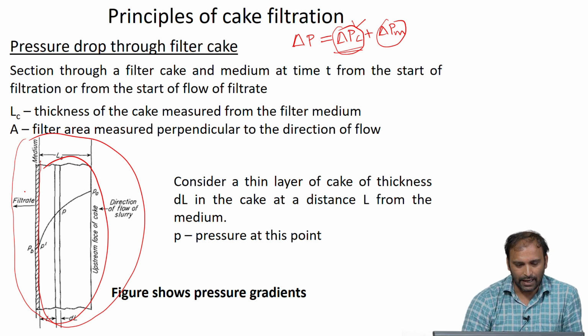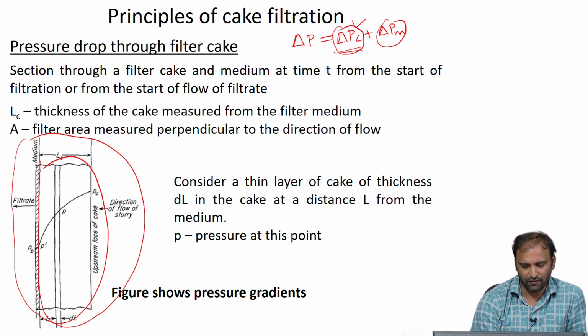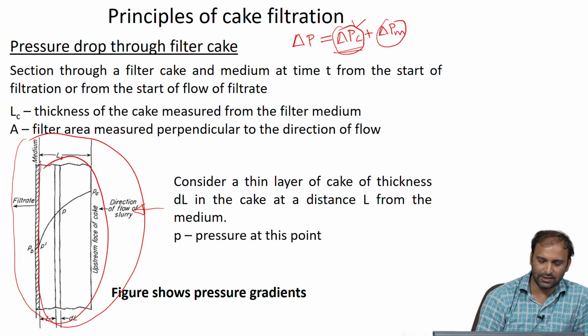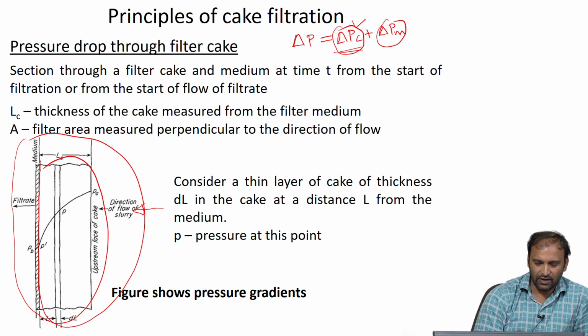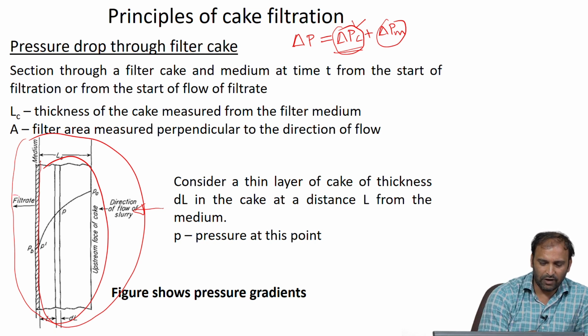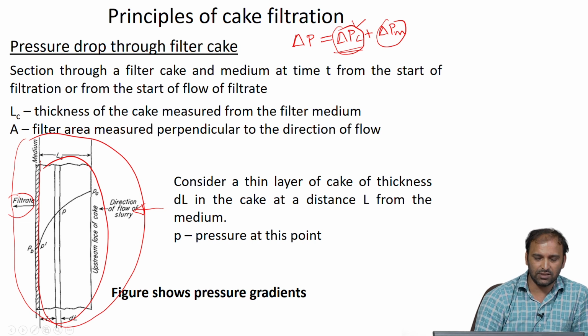And in this diagram, the direction of flow is marked there. That is the direction of flow of slurry, and that is the upstream end, right? And then the cake builds up and you have a filtrate that is coming out, that is the downstream.